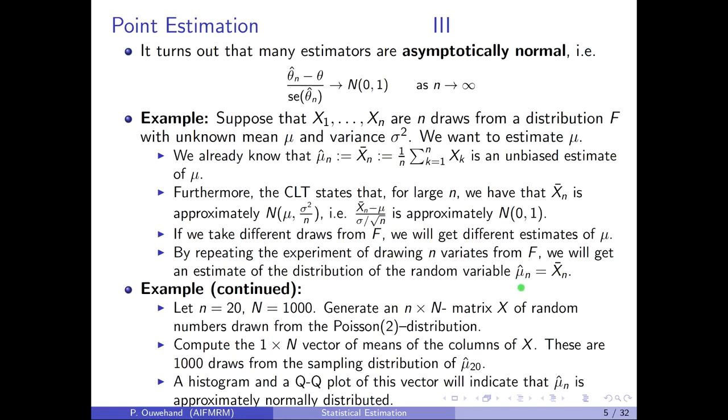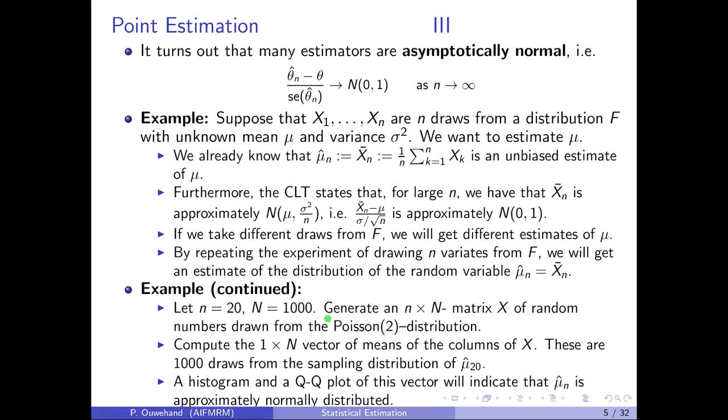Let's make this more concrete. Suppose that n is equal to 20 and capital N is equal to 1000. Suppose we would like to estimate the distribution of the random variable mu hat little n, where little n is equal to 20. What we're going to do is draw capital N equal to 1000 draws from the distribution of mu hat n.